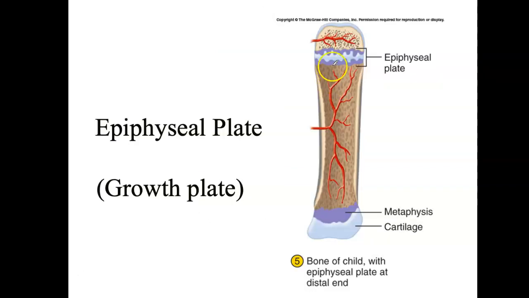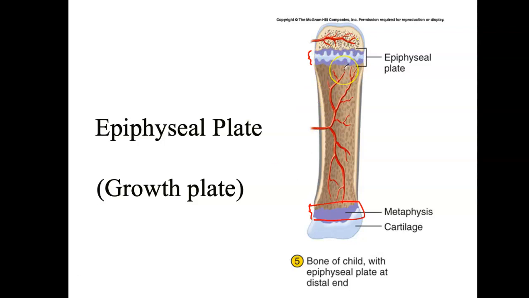What's left behind is a little bit of cartilage right there, right? And over here also in purple. This piece is going to stay in the metaphysis, and that is called the epiphyseal plate, or better known in regular English as the growth plate. So it's from there that you're going to grow your long bones.